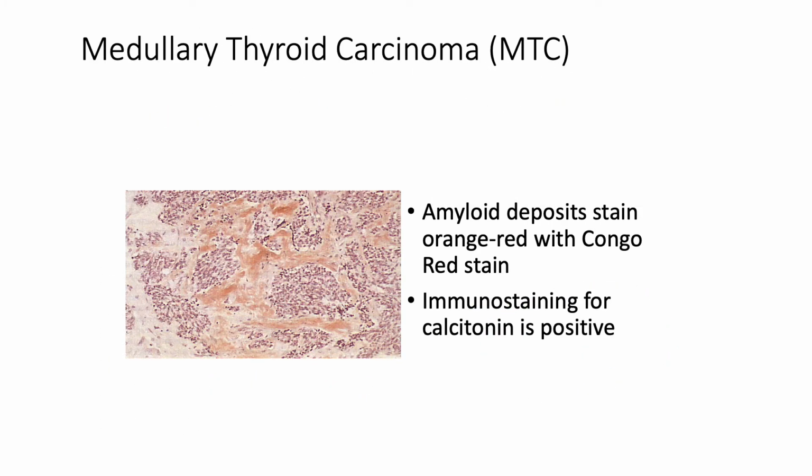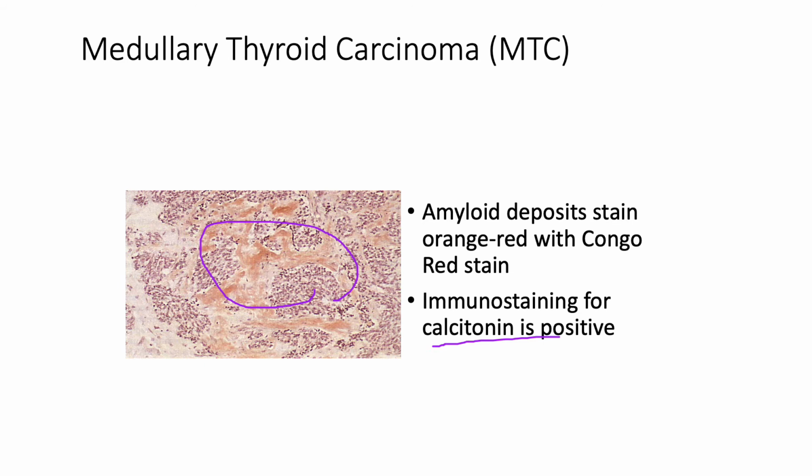Congo red staining in light microscopy shows a brick red appearance, whereas the specific calcitonin immunostaining will be positive in cases of medullary thyroid carcinoma and will confirm the diagnosis.